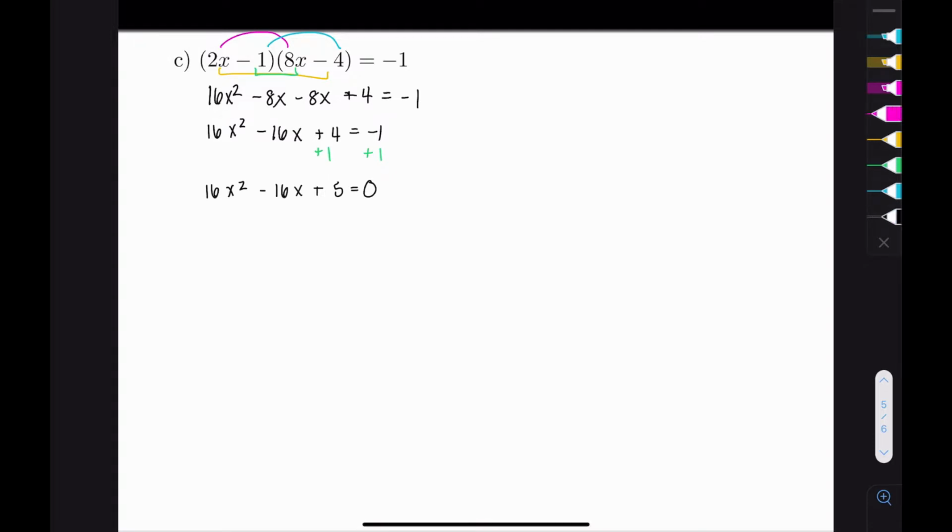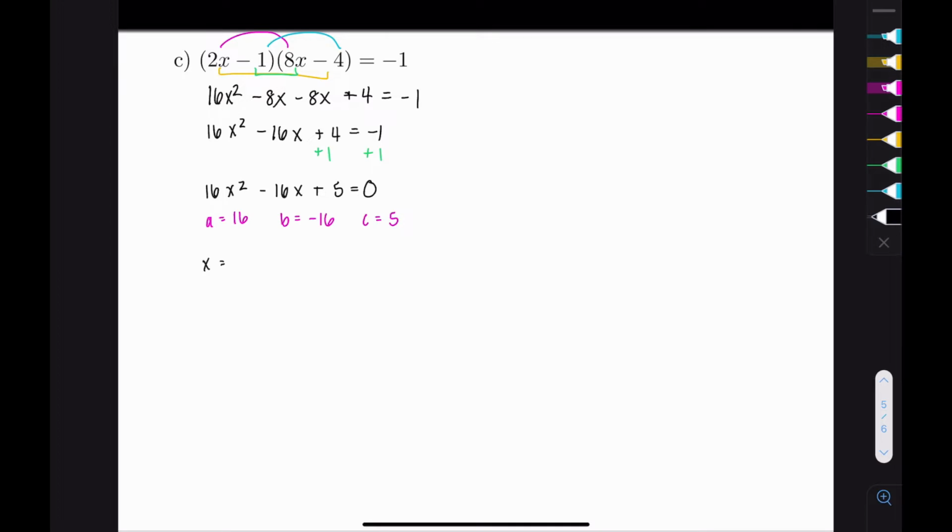Now we are at a point that we have it in that right form. We have it equals 0. So my value of a is positive 16, value of b is negative 16, value of c is positive 5. So we got some big numbers to go through with our solutions.